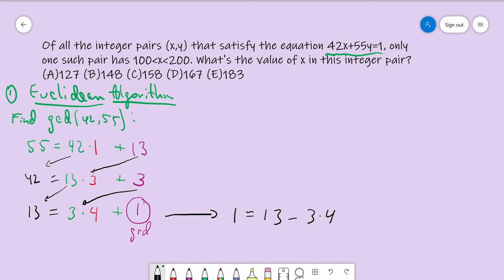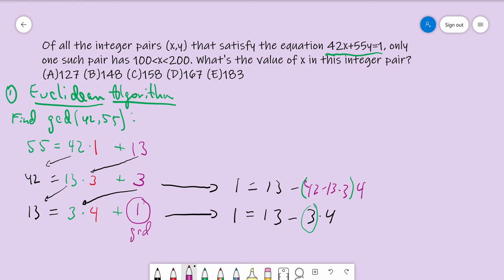Now this 3 right here, I'm going to rewrite using this equation as 42 minus 13 times 3. So let's try that. 1 is equal to 13 minus, now here we're going to write 42 minus 13 times 3, and all of this gets multiplied by 4.